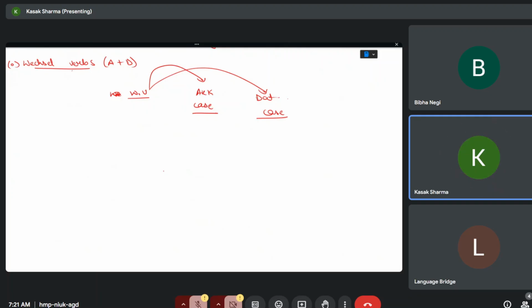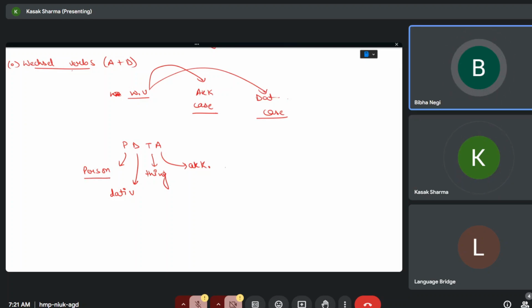We have a particular rule for that, which is person dative, thing accusative. PDTA. P means person, D is dative, T for thing, and A for accusative.